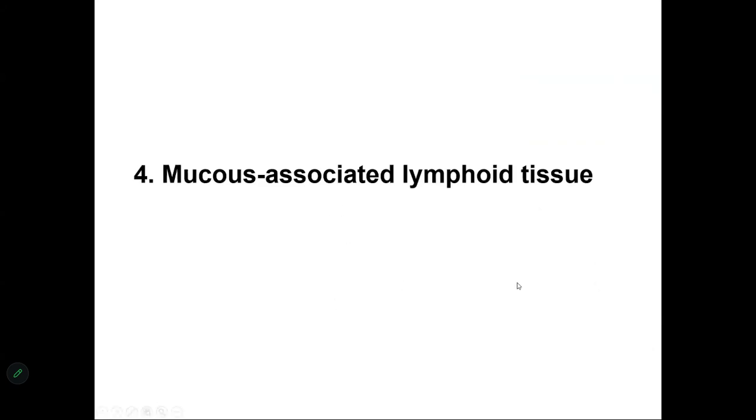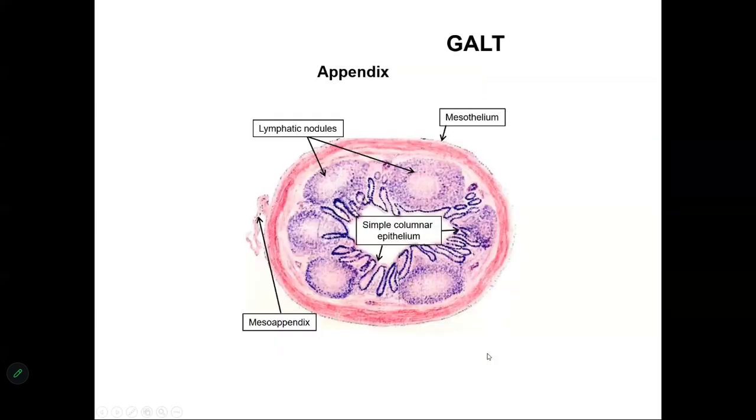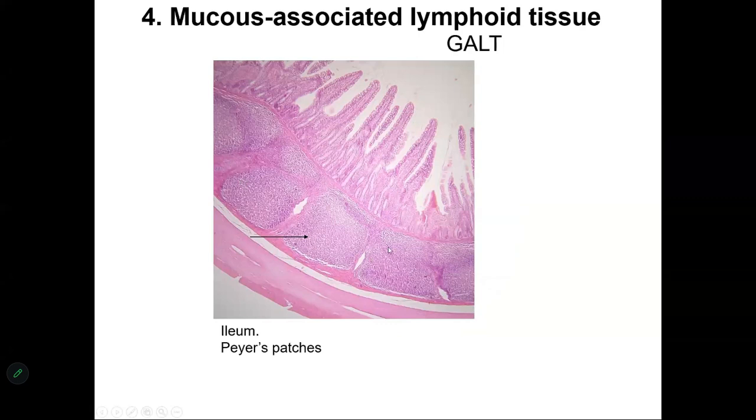About mucosa-associated lymphoid tissue. We can describe it as GALT, and this is the final part of the small intestine before the large intestine, but this is rich in lymphatic nodules here. And these are so-called Peyer's patches. It's a typical feature of the ileum in the small intestine.